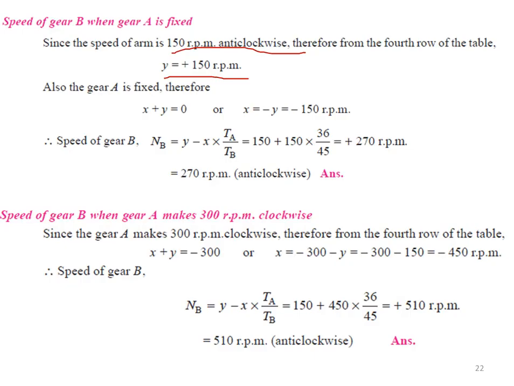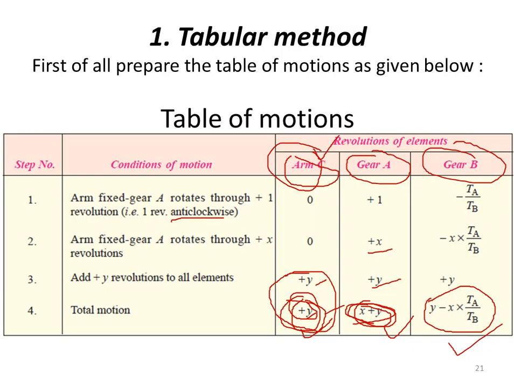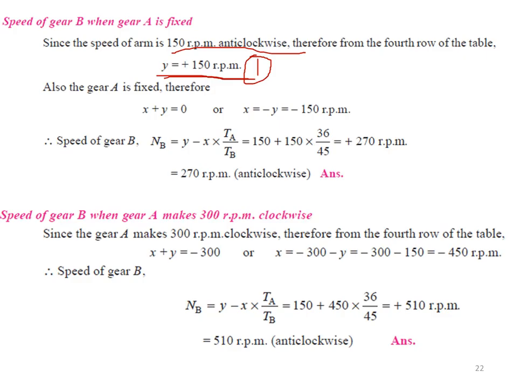Okay, so this is the first condition we got from the given condition. Second condition, we got A as fixed. If gear A is fixed, NA is equal to 0, and X plus Y is gear A now. So X plus Y is equal to 0. This is the second condition.